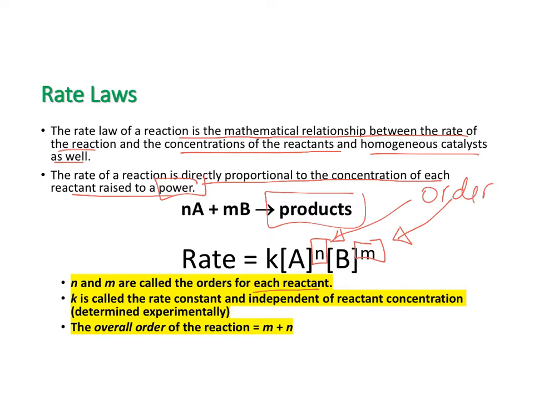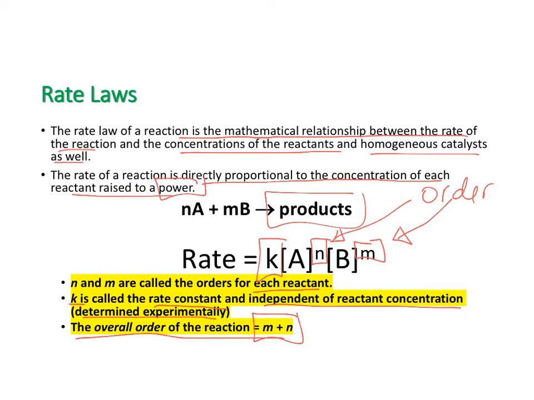Now, we also have something called K. K is the rate constant, and it's independent of the concentration. This is determined experimentally, and it's right there. You multiply it against your concentrations raised to the powers. And then your overall order of the reaction is whenever you add up both M and N. In other words, the powers that you raise the concentrations of the reactants.